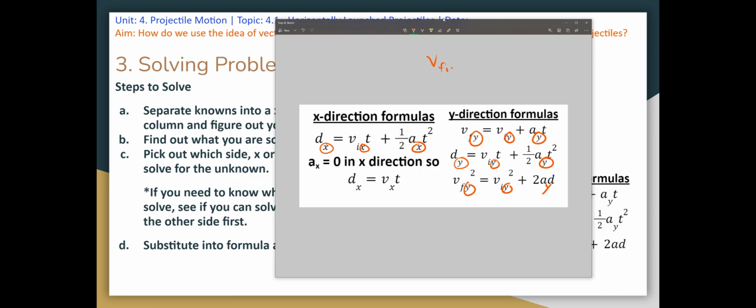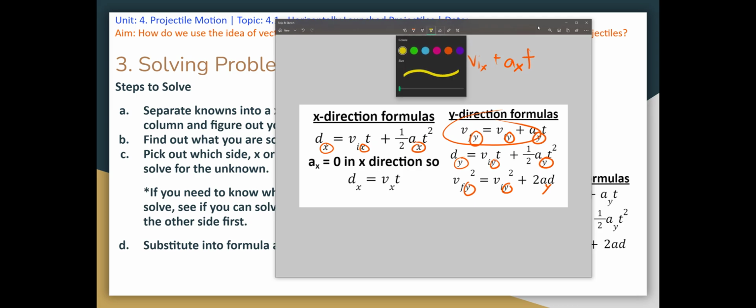For example, if I try to write this first equation here, you cannot do this. You cannot mix a y vector and an x vector. You can't do a sub x times t. This is illegal. You're mixing x and y, which is definitely not possible. You cannot mix two different directions. It has to be either only y or only x, never both.